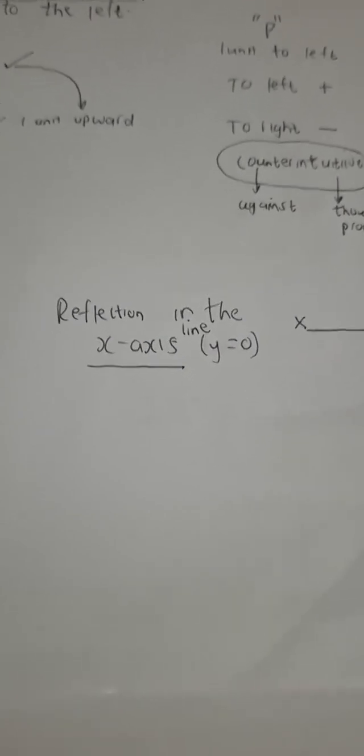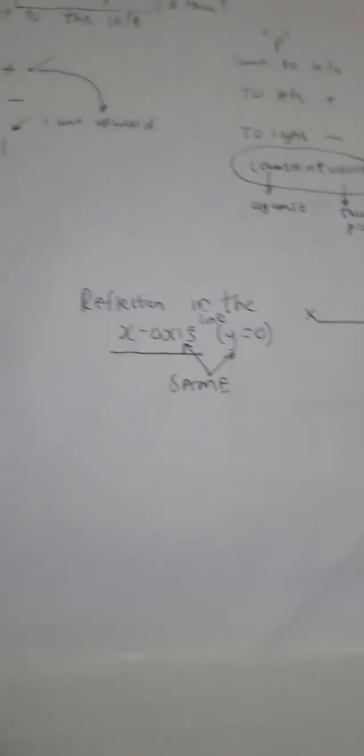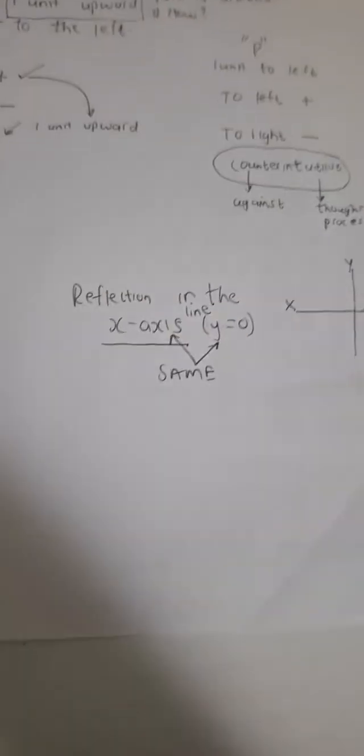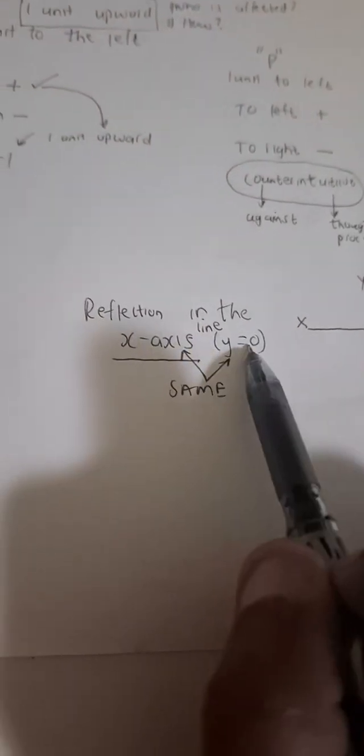Why are these people now asking me reflection in the line y = 0? Wake up, sunny boy or sunny girl. These two things, the x-axis and the line y = 0, are the same. So I wanted to start right there just for us to understand what we mean by x-axis as opposed to y = 0.